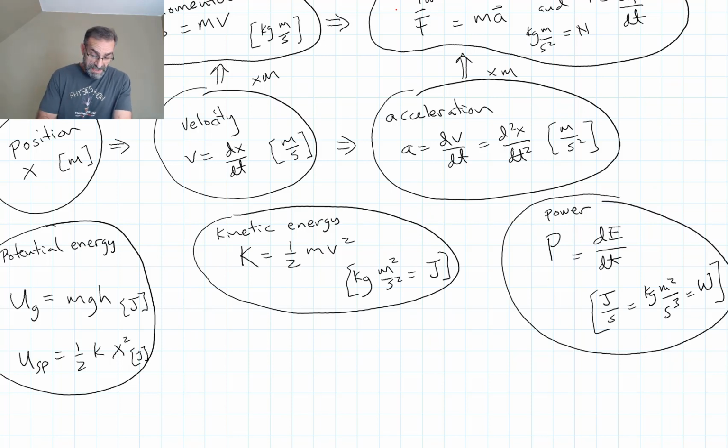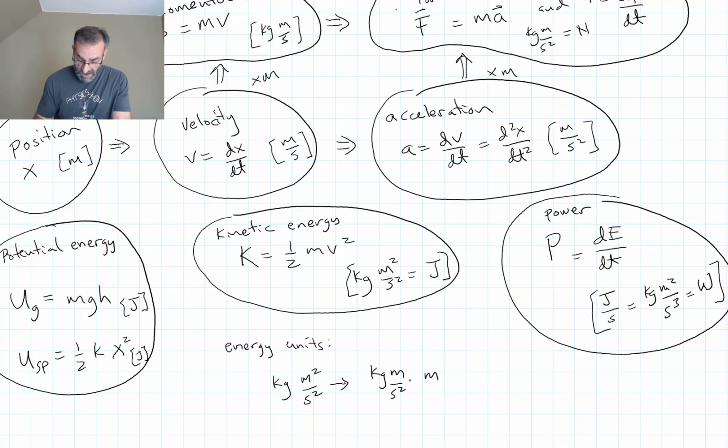And then earlier we had said our units for energy are kilogram meters squared per second squared, but that's the same as a kilogram meter per second squared times a meter, which is the same as a Newton meter. When you apply a force of a Newton through a distance of a meter, we get units of energy, which is a joule.